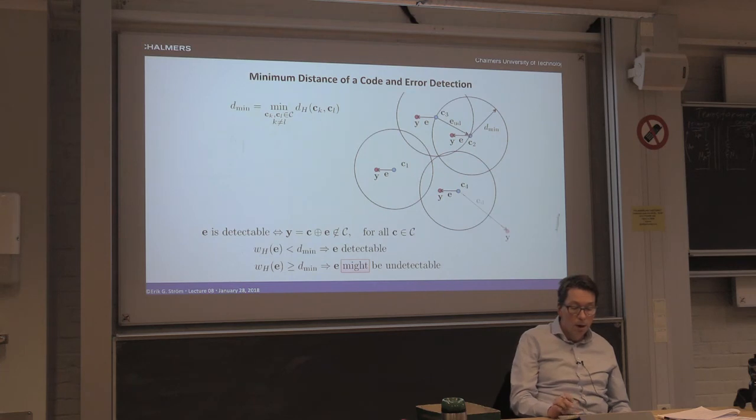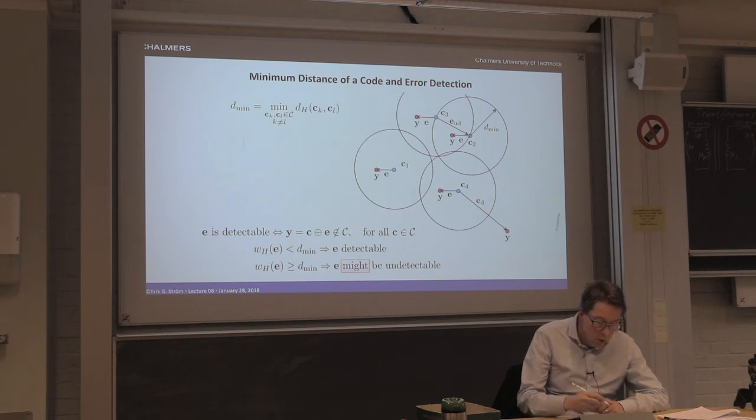However, this error, ED, is detectable because there is no way I can use ED to go from C4, C1, C3, or C2 to another code word. So the minimum distance constraint just tells us what we can guarantee the code can achieve, even though the code can be more powerful than what seems to be the case.